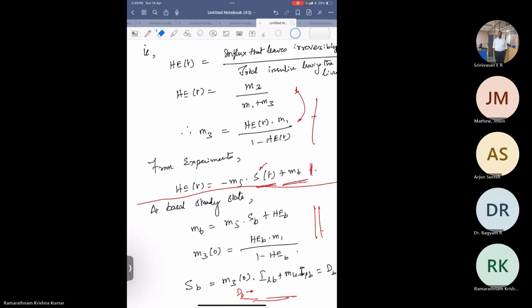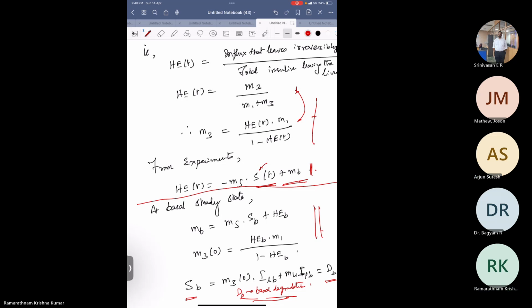What is going on? At the basal level, the secretion is equal to the degradation. In other words, what we are trying to say is that things don't shut down. There is some secretion, there is some degradation. Clear? I'll stop for a minute. Yes, sir. It's clear.